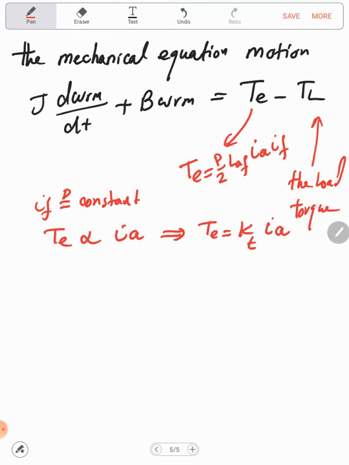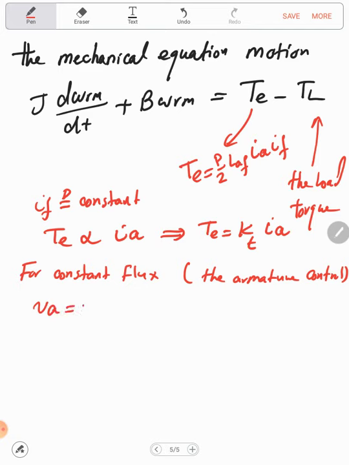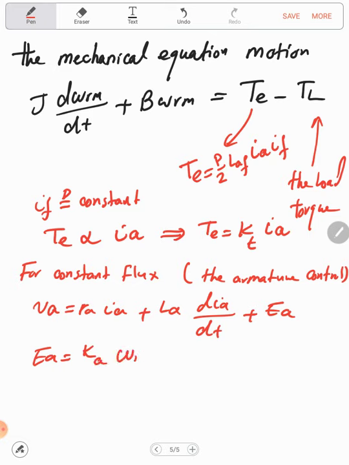And we will end up, for constant flux, or what we call the armature control, we can have VA equal to RA IA plus LA d IA by dt plus EA, where EA is equal to certain constant, let's say Ka, multiplied by omega R.